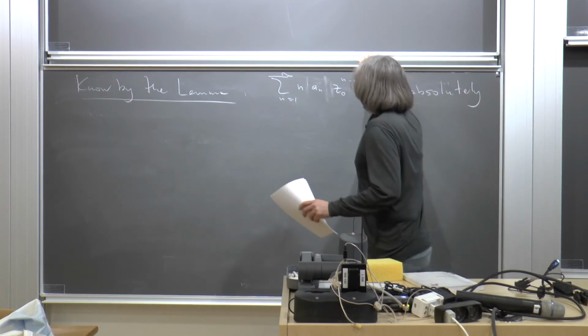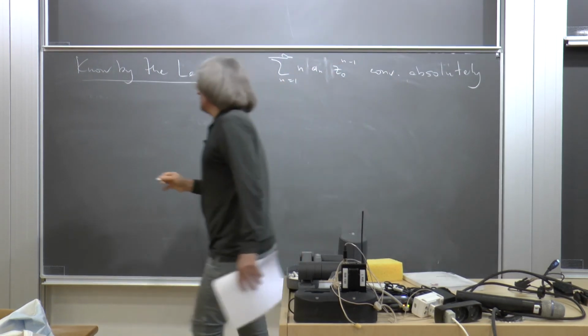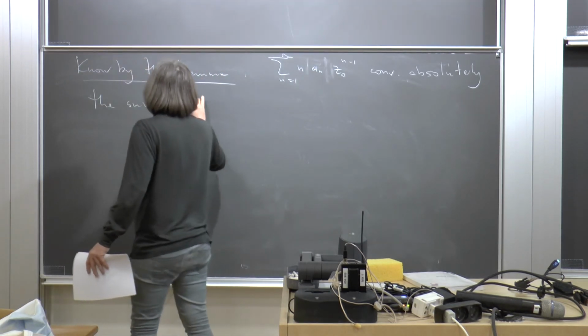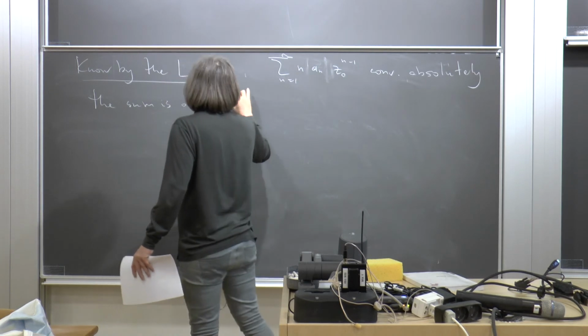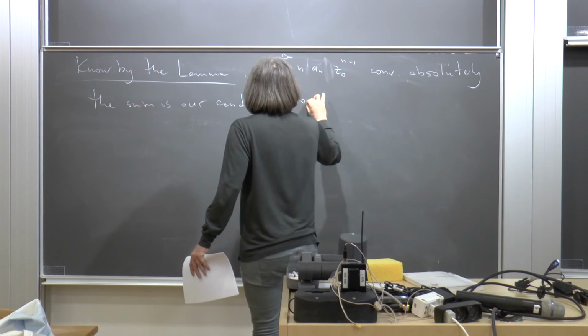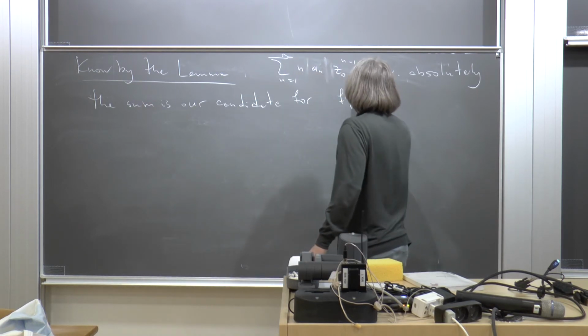So the sum is our candidate for f prime of z node.